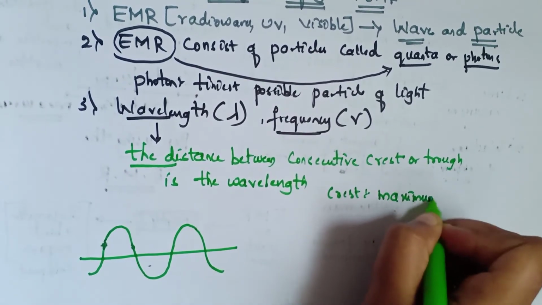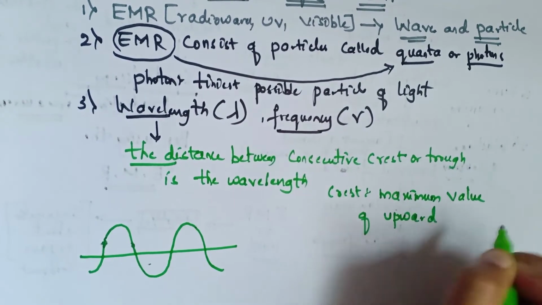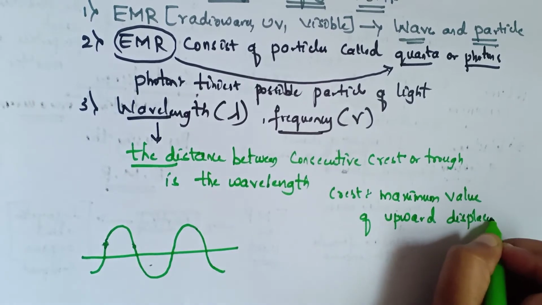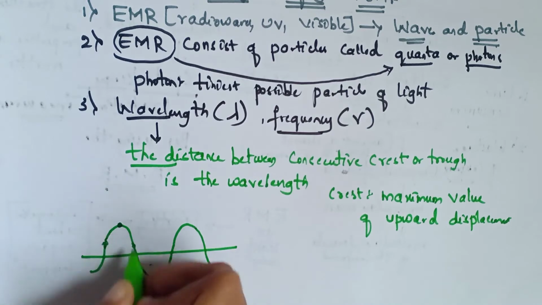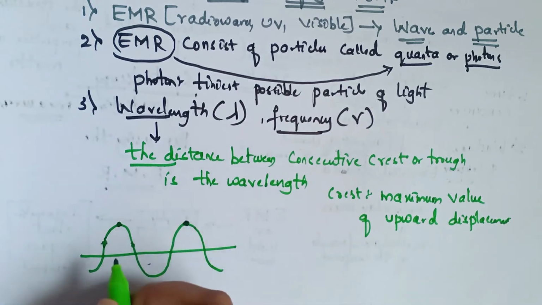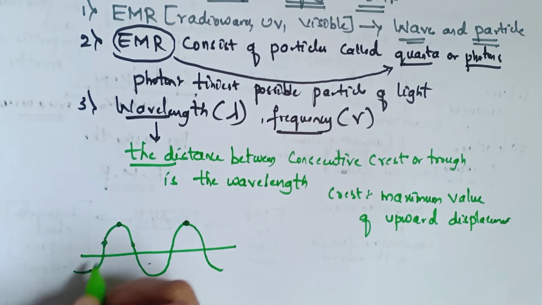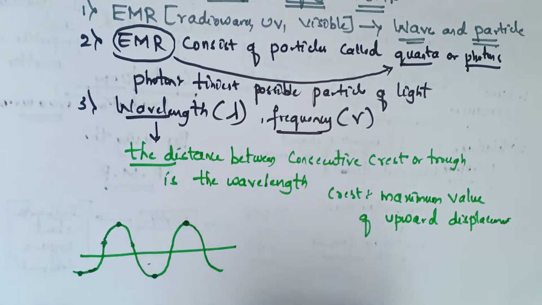Here it is the upward displacement, and here is the maximum value. Coming to the downside, the trough is exactly opposite of the crest. So here is the downward displacement, and the maximum value is this one. This is the difference between the crest and trough.